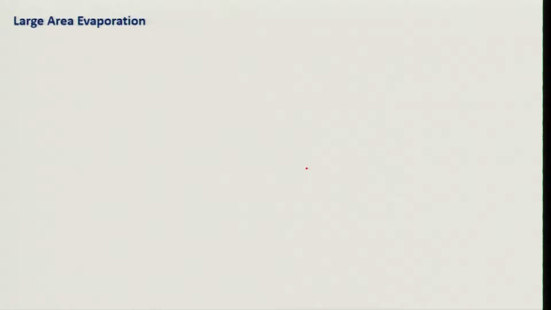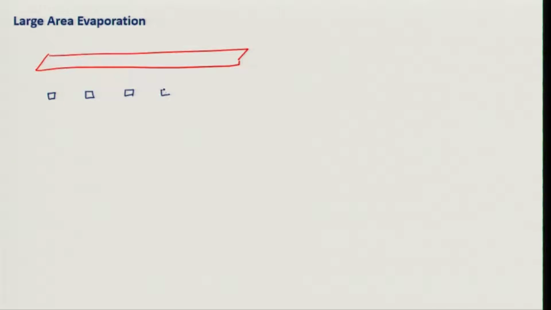Now, let us talk about large area deposition, and in this case we will discuss both thermal evaporation and electron beam evaporation. For large area deposition, we can use multiple sources. So, if my substrate area is something like this, I am just drawing, my substrate is very large, I can use a number of small sources in a linear array, such that the flux from all these overlaps.